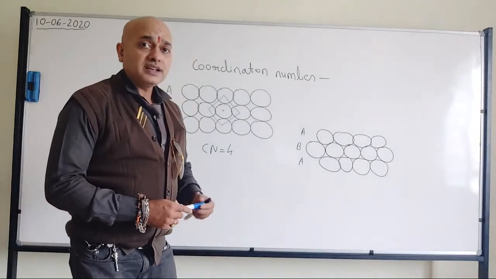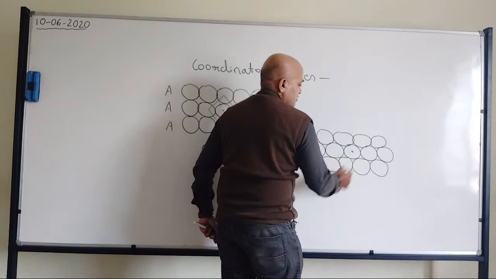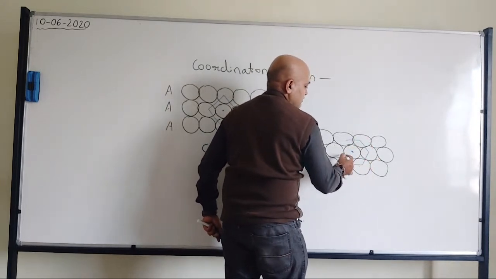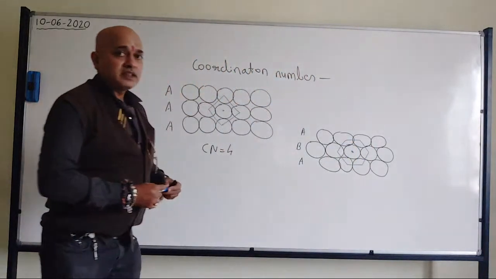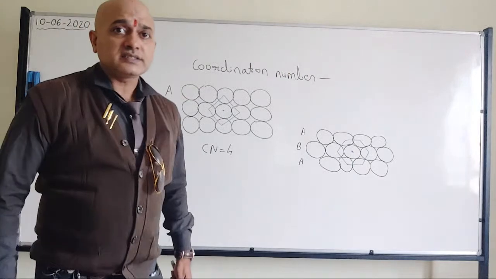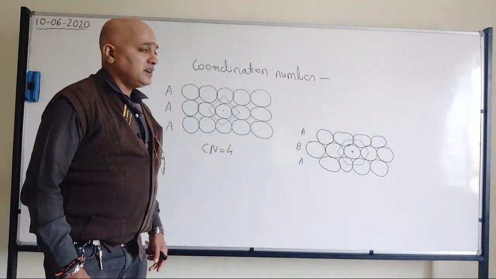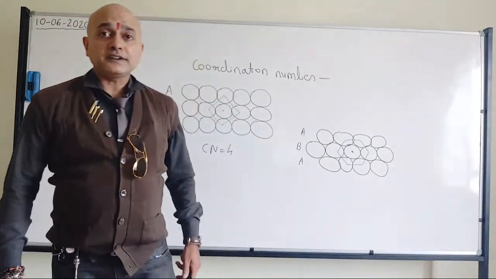Now if I pick any of the atoms, I will take this one. The neighboring atoms for this one will be like this. If I join the nuclei of the neighboring atoms which are interacting with that particular central atom, this is the pattern I am going to get.